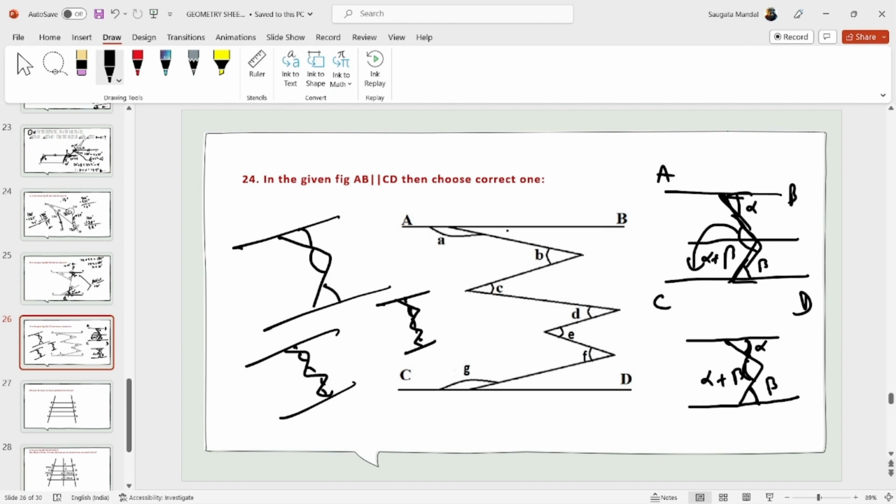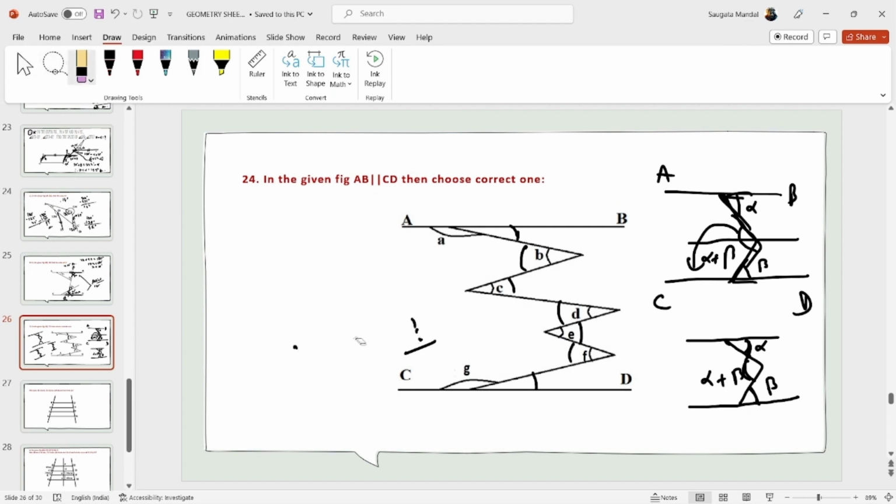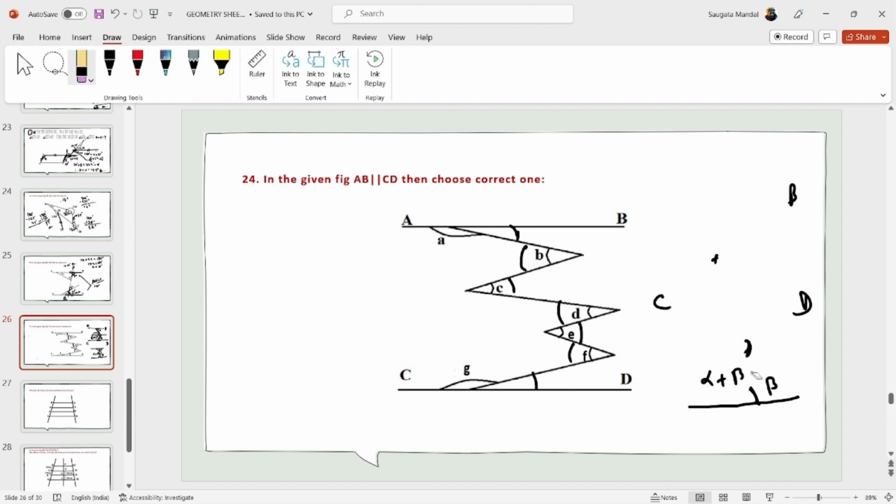That means the sum of these sides of angles is equal to the sum of these sides of angles. So you can easily solve this question.